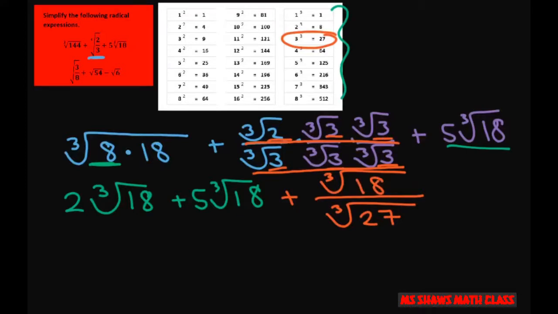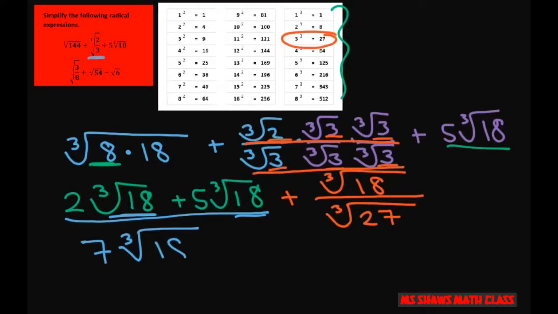Now this is going to be 3. So what we're left with is 2. We can add these up because these are like terms. So this is going to be 7 cube root of 18 plus cube root of 18 divided by 3.